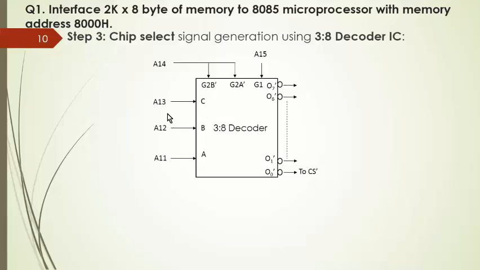The second way to generate the chip enable signal is by using 3:8 decoder. So in this case, the ABC input consists of A11, A12 and A13 input.